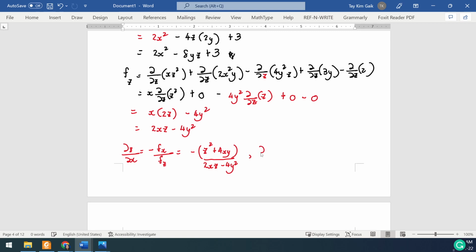And then ∂z/∂y is negative Fy divided by Fz. Fy is here, so negative bracket 2x squared minus 8yz plus 3, divided by Fz, which is here, 2xz minus 4y squared.